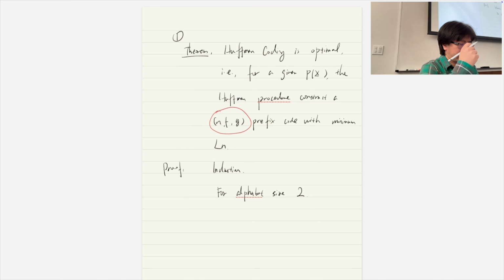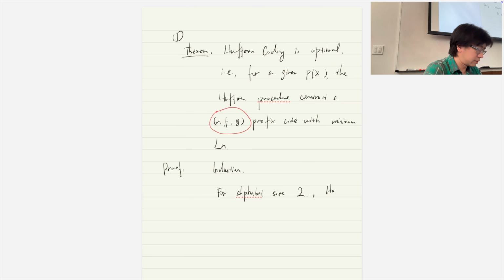All right, so for alphabet size 2, let's consider the binary case, for example. Is this Huffman coding optimal? Yeah, it is, right? We only have 0 and 1. The number of digits has to be an integer, and 1 is the smallest possible, okay? Because here, n is 2 only, not n alphabet size.